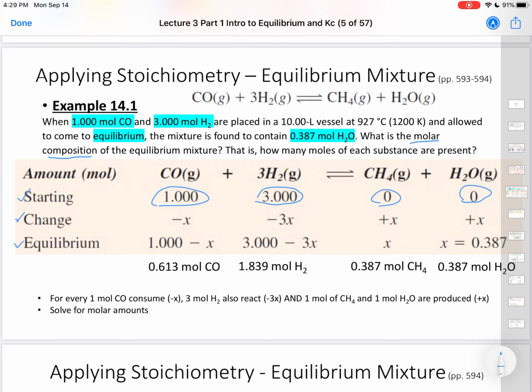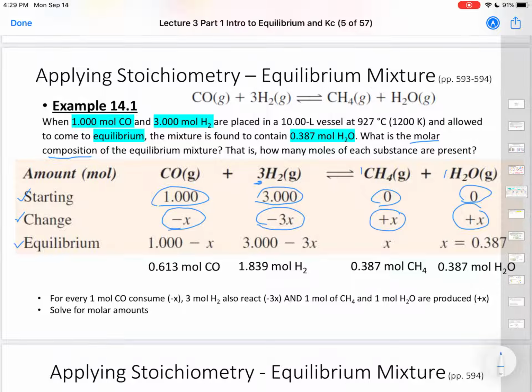As time goes by, you're going to basically lose some CO and lose 3x of the hydrogen. The reason being that for every 1 CO, 3 hydrogens are required because of this 3 here, okay, stoichiometric coefficient. And when these two react together, for every 1 CO, you're going to form 1 CH4, and you're going to form 1 water because there is an invisible 1 in front of these as well.